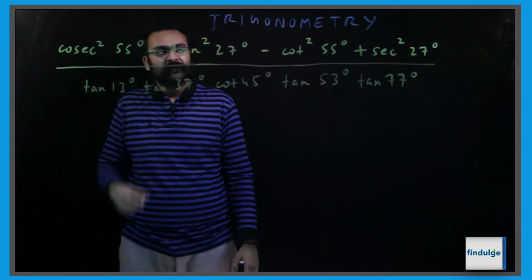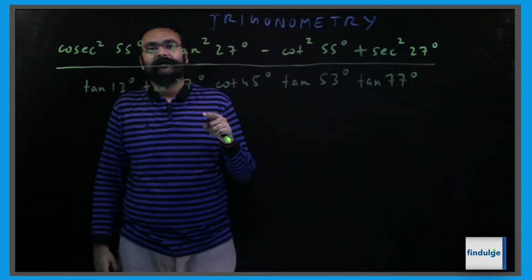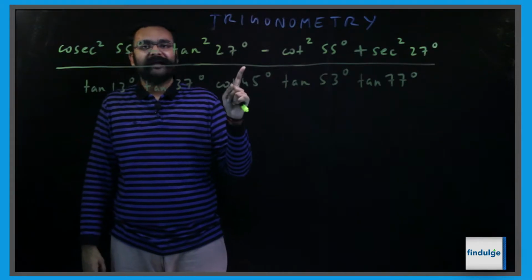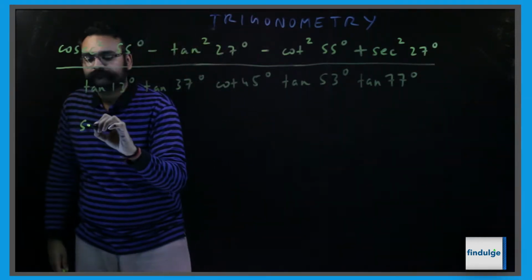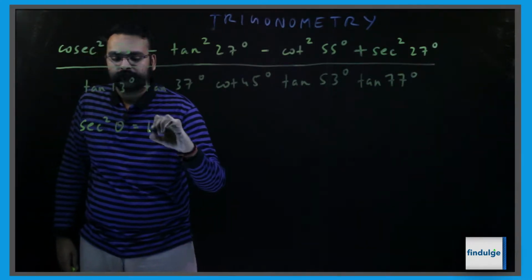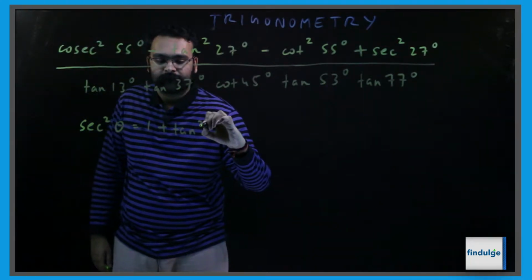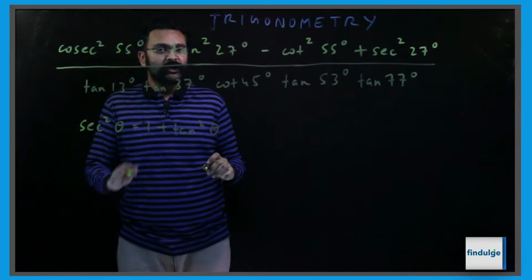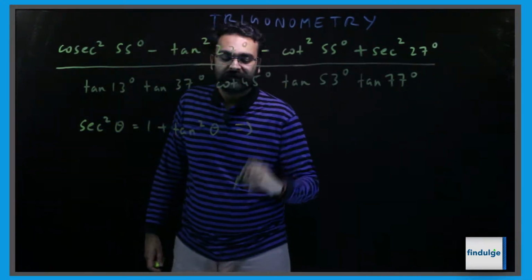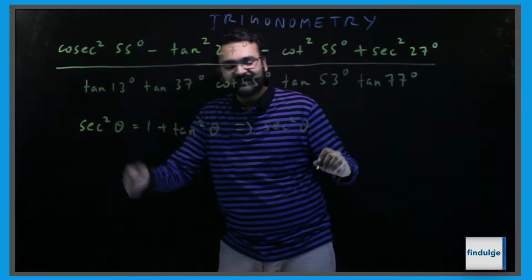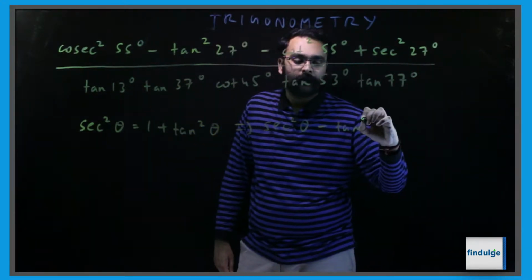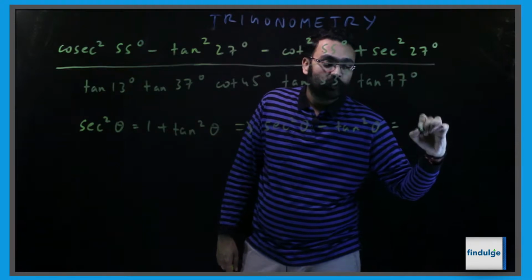I know that sec square theta is equal to 1 plus tan square theta, which clearly means sec square theta minus tan square theta must be equal to 1.